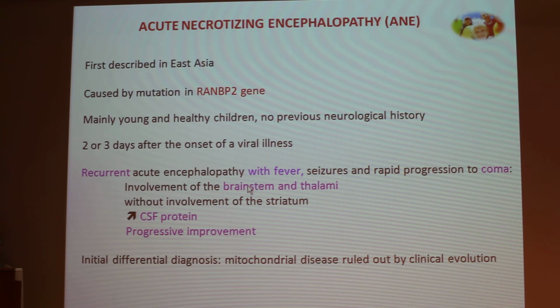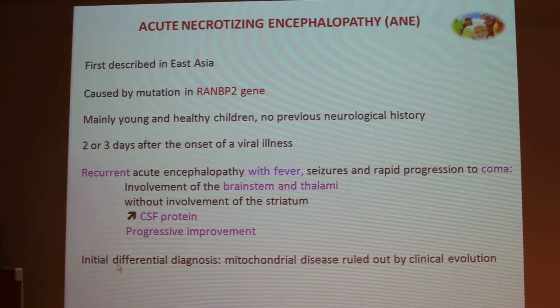Involvement of the brainstem, thalami, without involvement of the striatum. You are going to see after, the caudate and the pallidum are safe. You have an increase of the CSF protein and a progressive improvement. Very important. It is a recurrent acute encephalopathy with a progressive improvement.